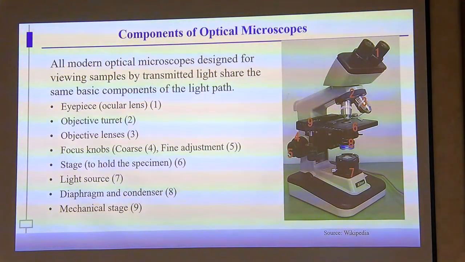And then you have a stage to hold your sample, and then you have a light source too, and then you have a mechanical stage. This is relatively advanced compared to a very standard one, because here we have this light source on the bottom, but for a normal one we don't need a light source here.